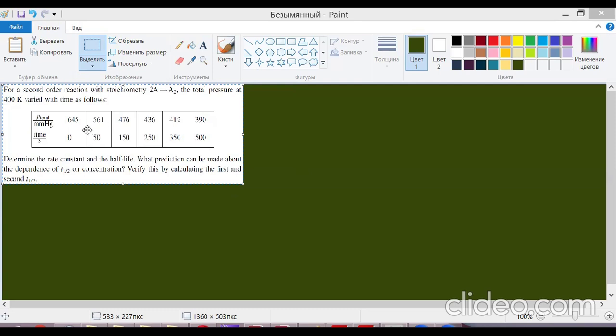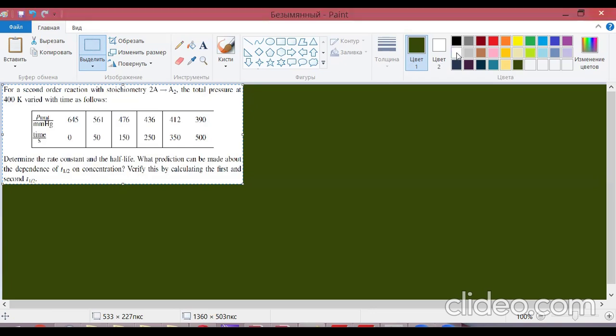We've got the change in the total pressure of the whole system in time. They want us to calculate the rate constant and the half-life. Let's do that. So they give us the key to start from, that this reaction is of second order.